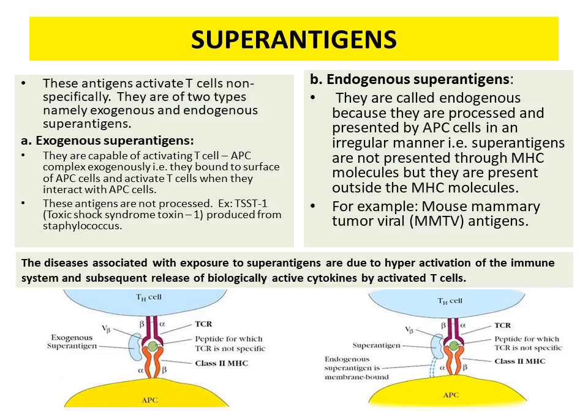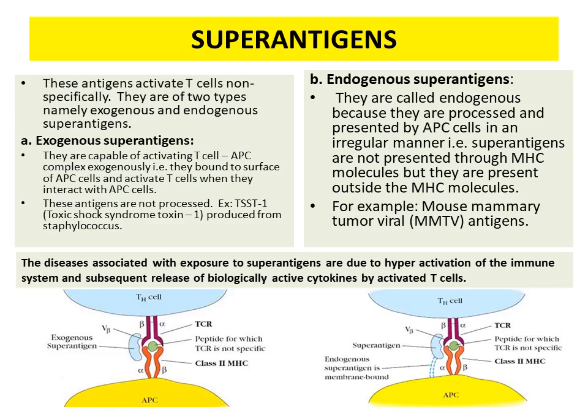Very important, the diseases associated with exposure to superantigens are due to hyperactivation of the immune system and subsequent release of biologically active cytokines by the activated T cells. Very important, they are non-specifically attached.